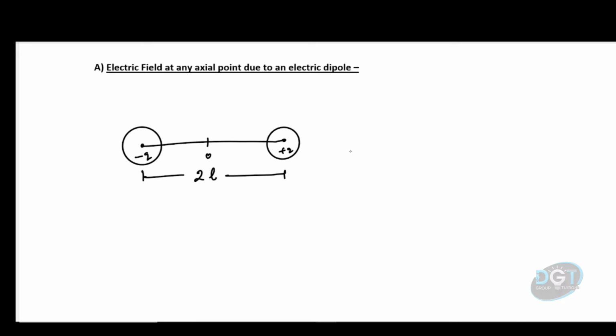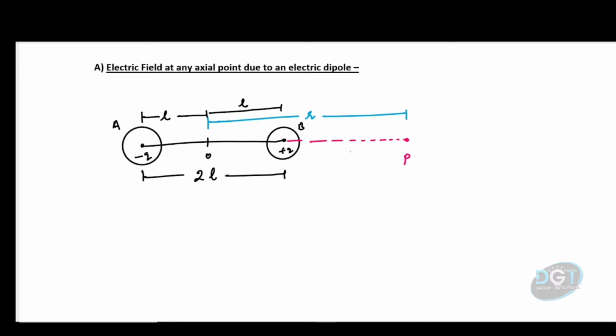Let us consider a point P at any distance r from the midpoint. Say P is somewhere here, and let's name the charges A and B. Since O is the midpoint, this distance is L, and this distance is also L, half of 2L.